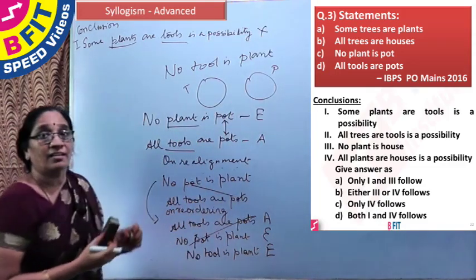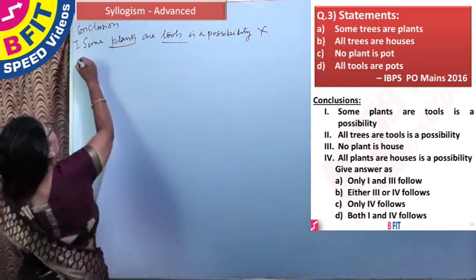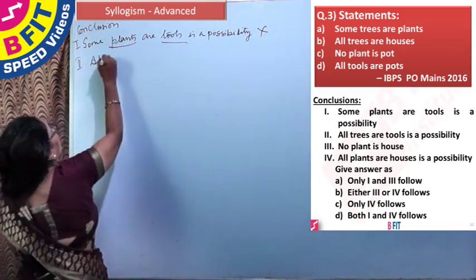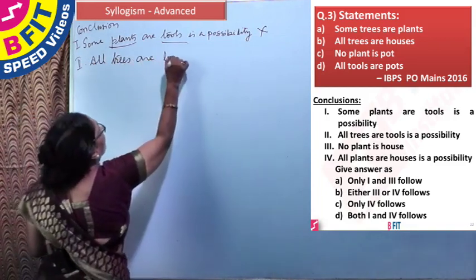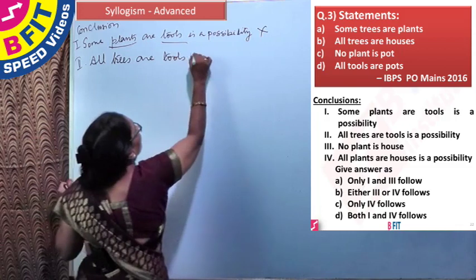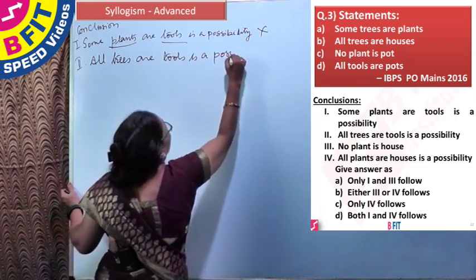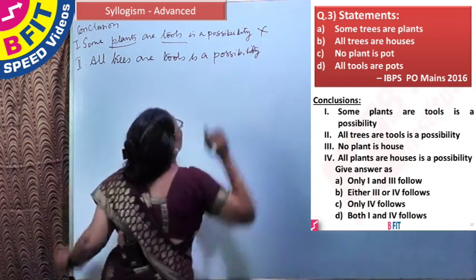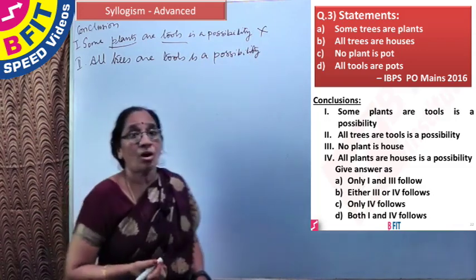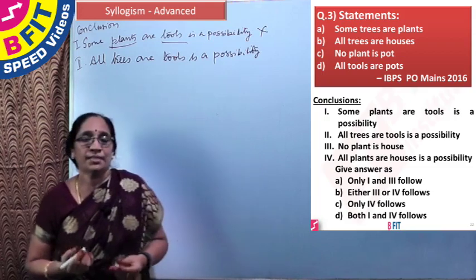Now let us check the second conclusion. The second conclusion is all trees or tools is a possibility.